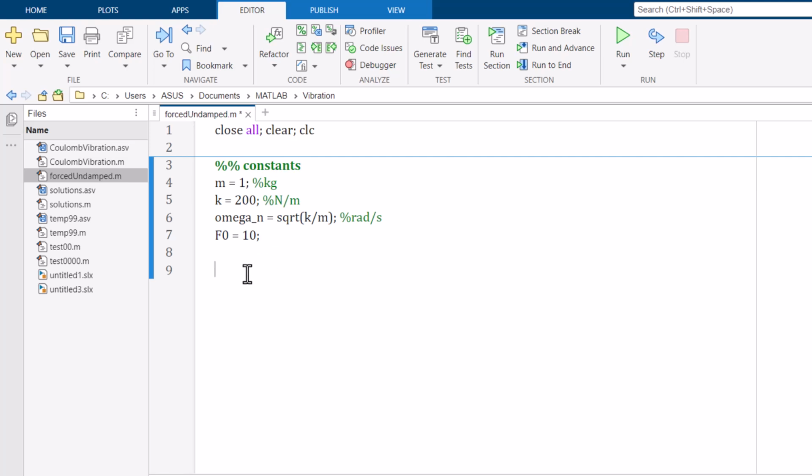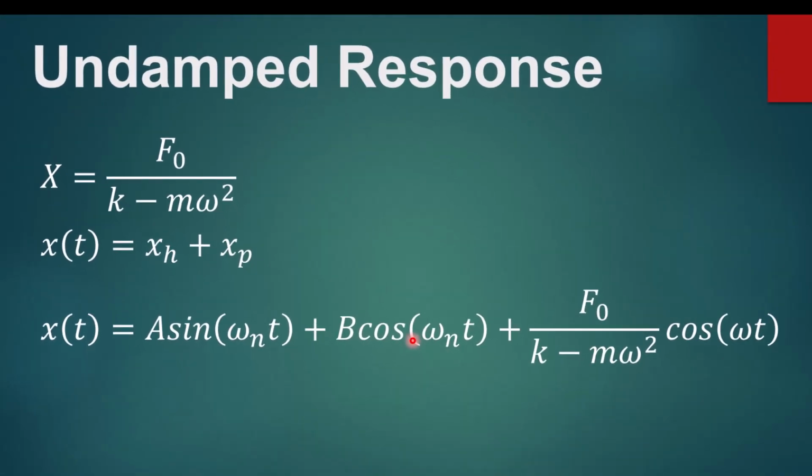Now for the second part, I have to assume 3 cases. Case 1 is omega smaller than omega n. So there are 2 frequencies in the discussion. One of them is the natural frequency, which is a function of the spring constant and the mass.